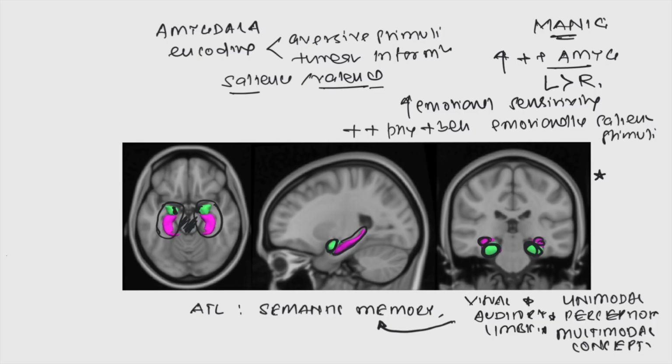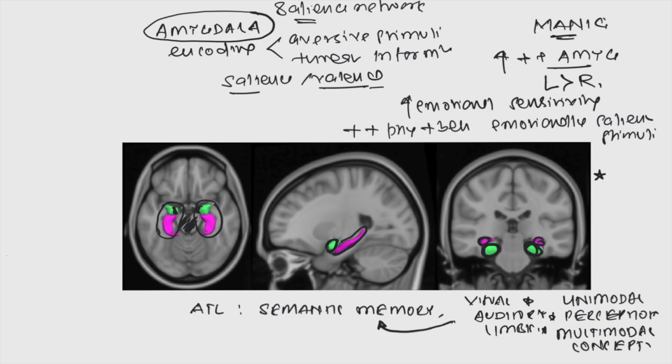Another thing I want you to remember is that the amygdala is also a part of the salience network. And what's the function of the salience network? It will give salience to a particular stimulus, so it will increase the intensity and the saliency of a physiological response to that stimulus.